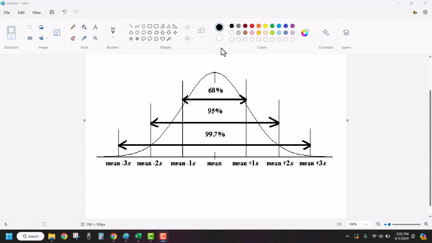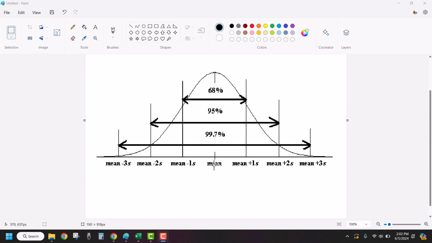So to start off, let's just quickly review the basic idea of normal distributions and what that even means. So a normal distribution is when the histogram of a data set creates this bell-like shape. So the key features of a normal distribution is that the histogram is symmetrical, meaning if you look at the top half of this histogram, it's symmetrical compared to the bottom half.